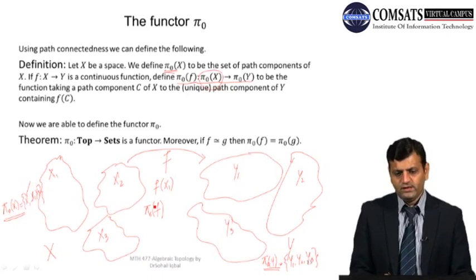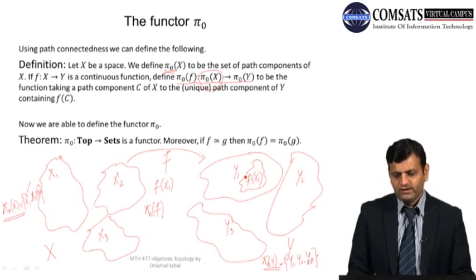Now we know that the continuous image of a connected set is connected. So the continuous image of X1 under this continuous map f must be connected. So of course it will be contained in one of these 3 path connected components of Y. Let's say it is contained in Y1.